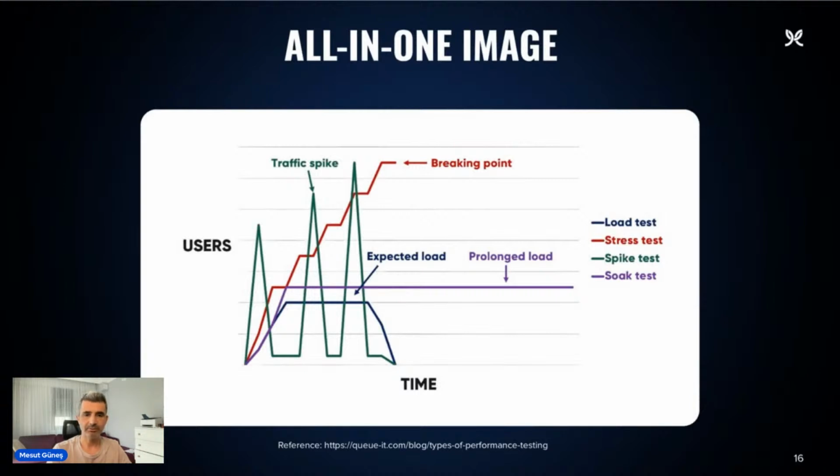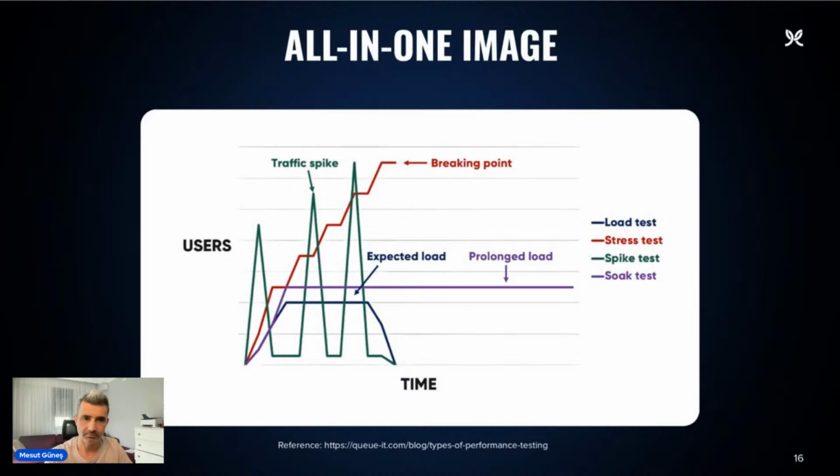So you can see the blue one, which is the type of load testing, and you can see in green the spike test, because our load is increasing suddenly and also decreasing suddenly.